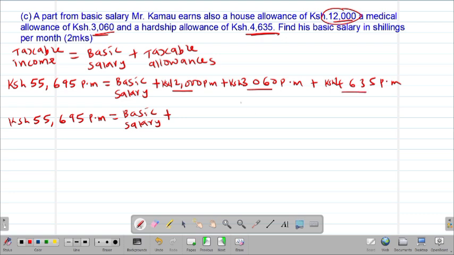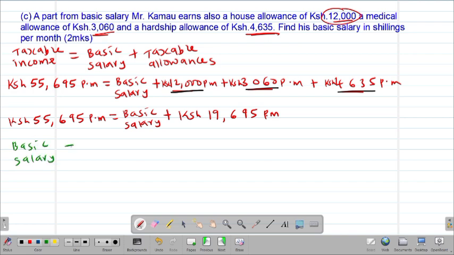You feed that on the calculator. Your calculator will give you a total of 19,695 shillings per month. So 19,695 is gotten by adding 12,000 plus 3,060 plus 4,635.